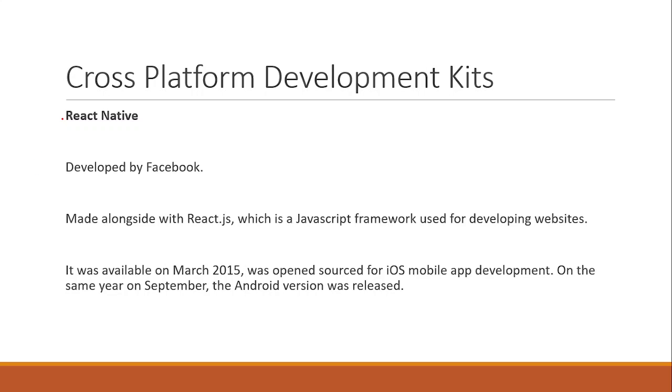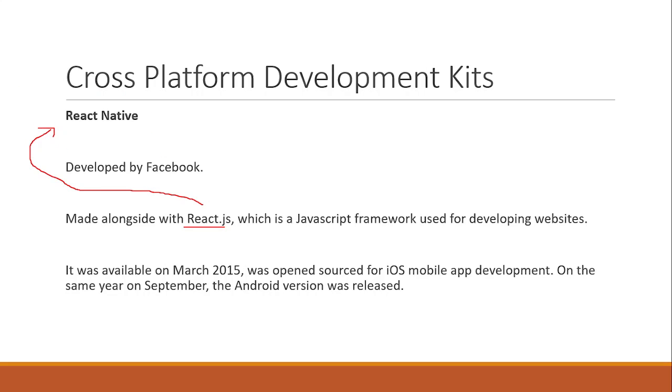So React Native enables developers, web developers, to write code in JavaScript, which is then compiled and translated into native code, like Android and iOS. It was made alongside React.js, a JavaScript framework used for developing websites. It is based on the React.js website framework, and they developed it to be compatible with mobile application development.